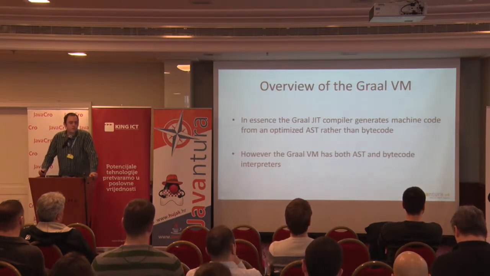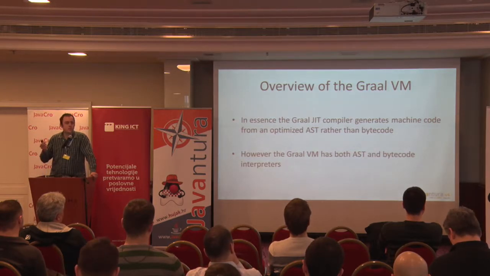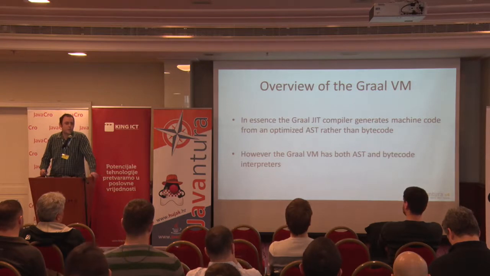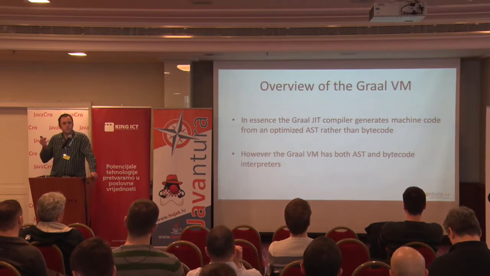The standard Java JIT compilers generate machine code from bytecode, and Graal generates machine code from an intermediate representation called abstract syntax tree. An abstract syntax tree is a standard way to represent a programming language, and this is the approach that has been taken by the Graal team, to use that intermediate representation in order to provide different types of optimizations that allow you to execute your programming language much faster.